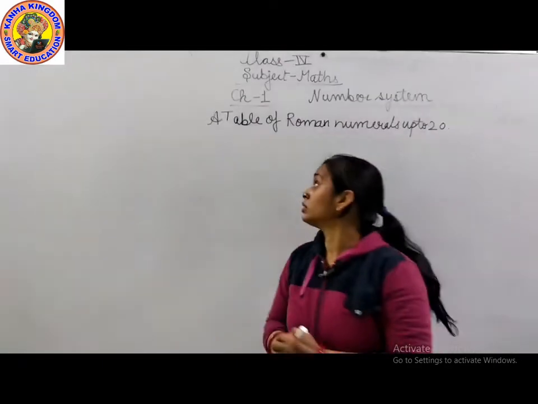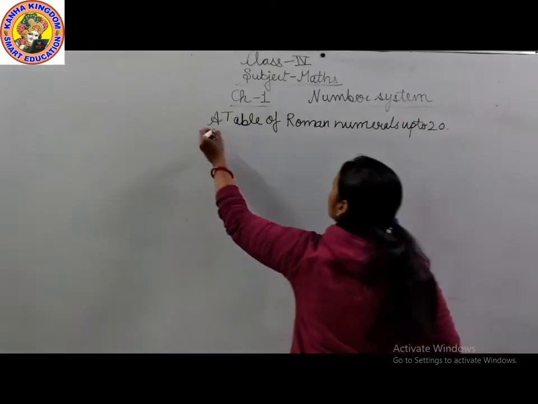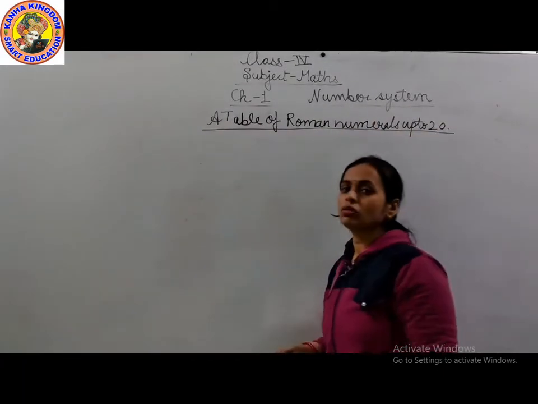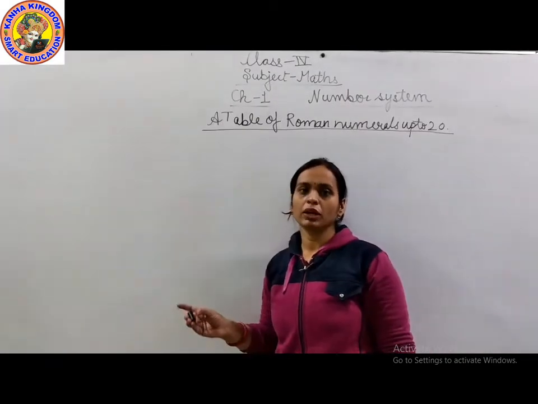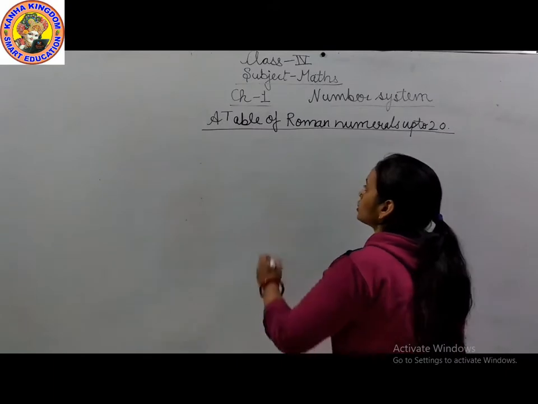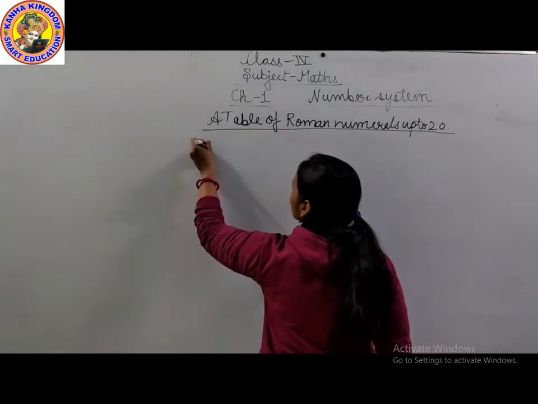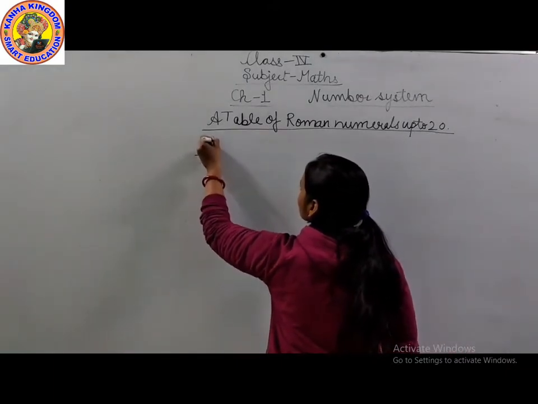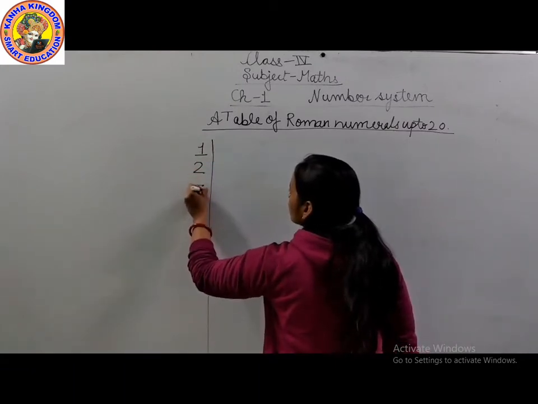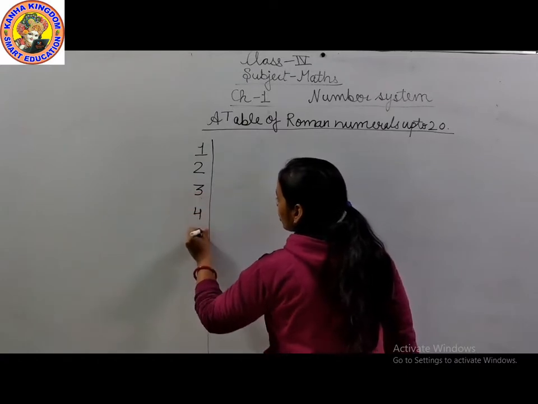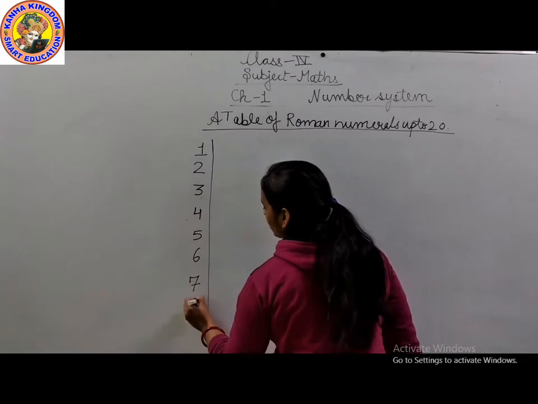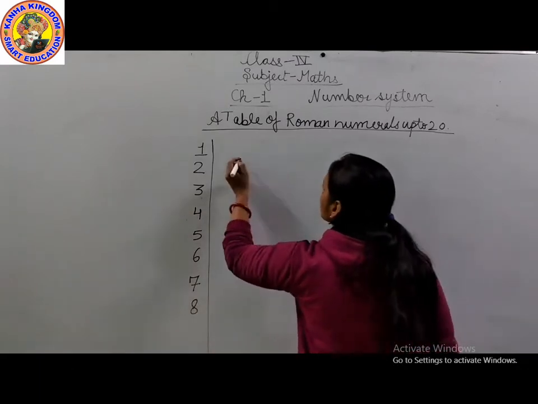Now I'll explain a table of Roman numerals up to 20. How to write Hindu-Arabic numbers in Roman numerals. First we write the numbers 1, 2, 3, 4, 5, 6, 7, 8.